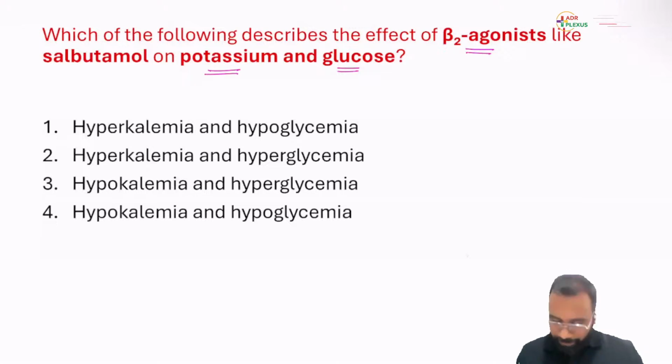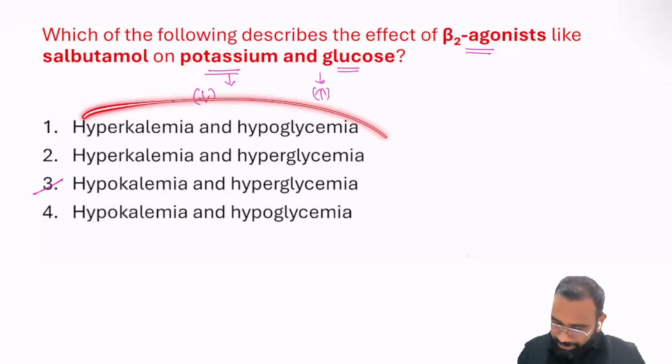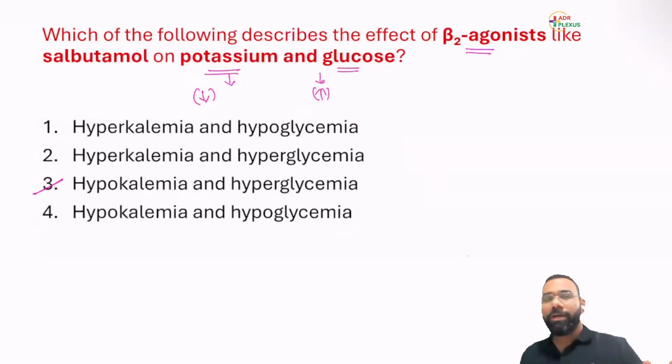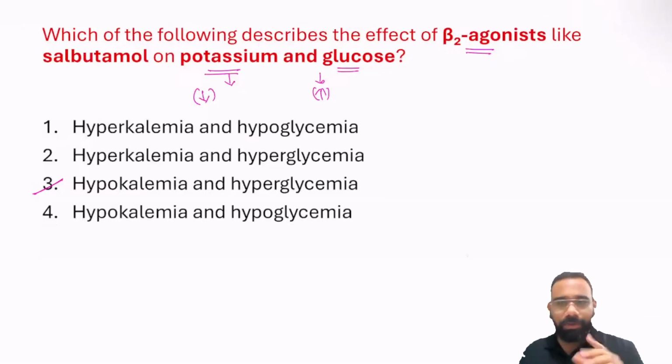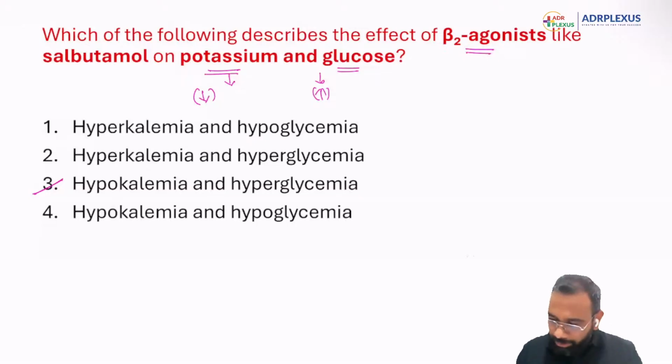Already I told you it is going to decrease the potassium and increase the glucose. See the options carefully when you attempt such questions with hypo and hyper. Whatever the subject might be in those 200 questions, if they give such terminologies like hypo and hyper, read the question carefully.